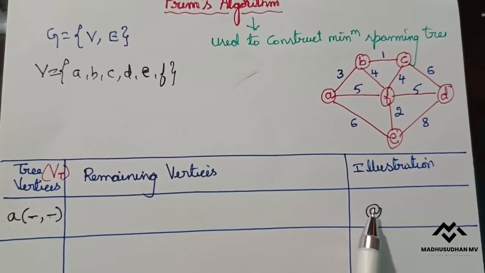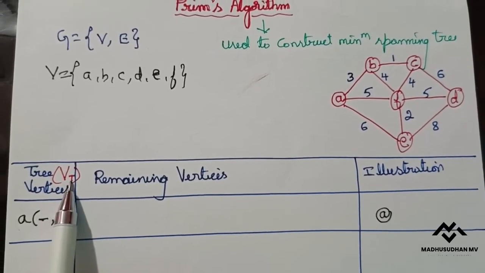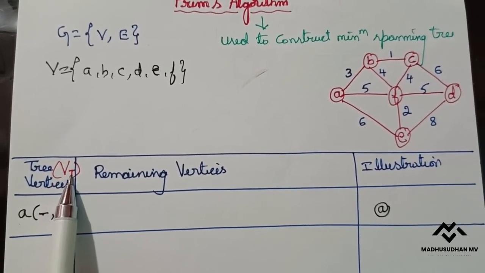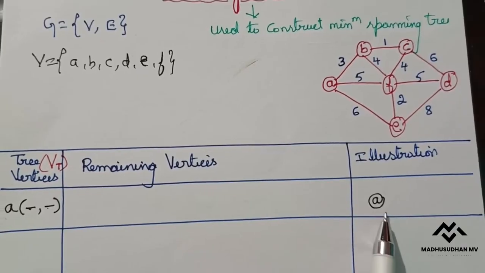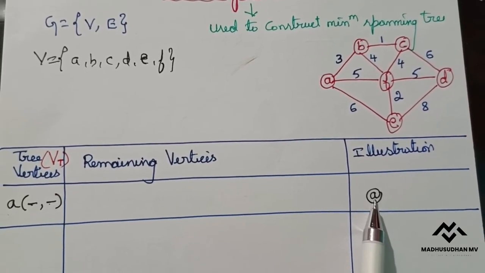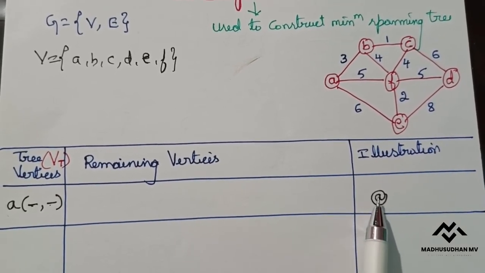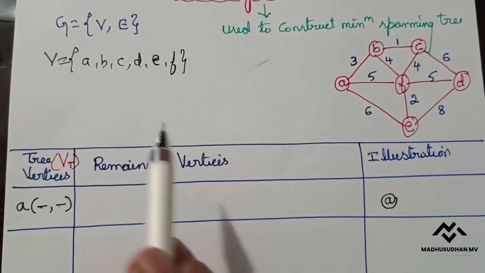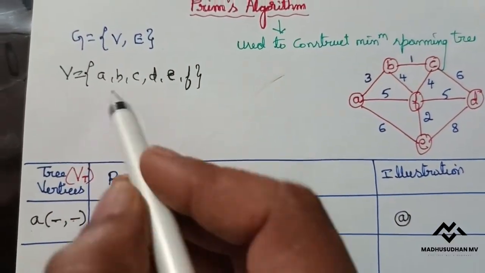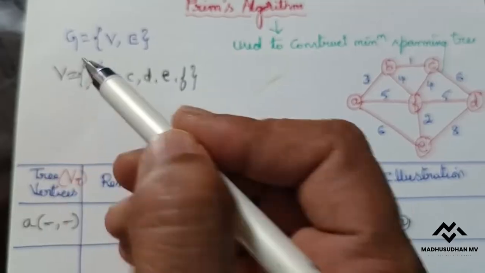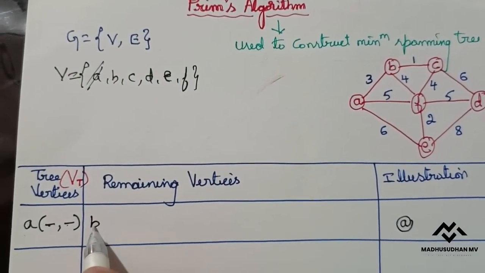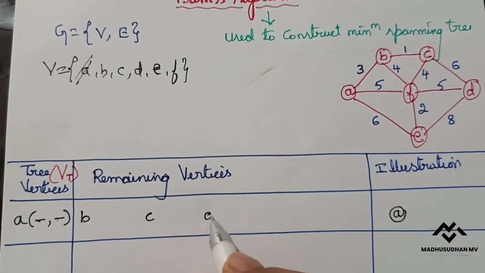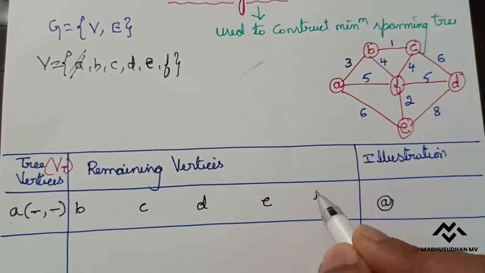That is VT, the vertices included in the spanning tree. Only one vertex is included, that is A. Now the remaining ones are B, C, D, E and F.